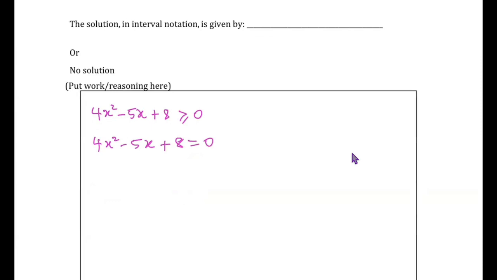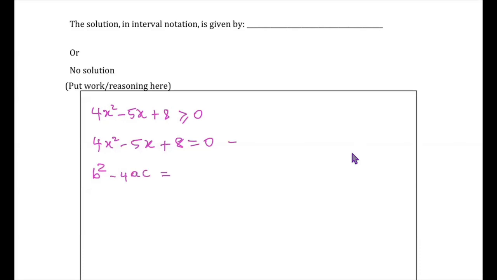Now, we're going to test whether this equation has a solution or not by finding the sign of b squared minus 4ac.